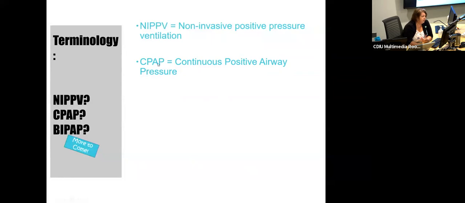We use these terms because they indicate to us that we are in a non-invasive mode. Sometimes this is considered NIV. For those of you who come from a neonatal background, this is not the same as the mode of ventilation that is on a Draeger ventilator. I'm just going to try and clear that up right now.